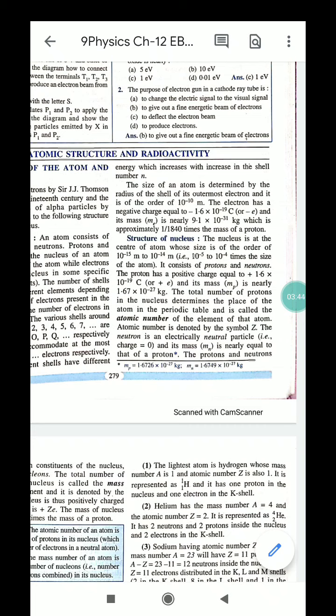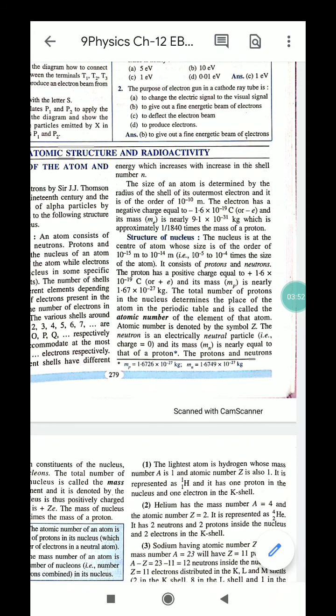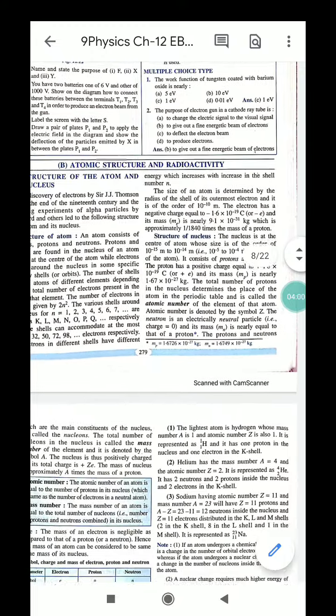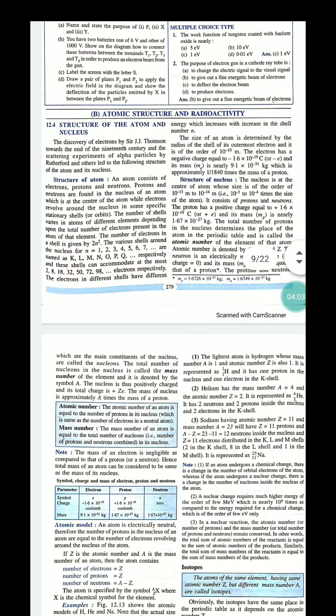Now the total number of protons in the nucleus determines the place of the atom in the periodic table and is called the atomic number. So this one is the atomic number. Now what is atomic number? The number of protons inside the nucleus of an atom of any element is called the atomic number and it is denoted by capital Z. So atomic number Z equals number of protons P inside the nucleus.